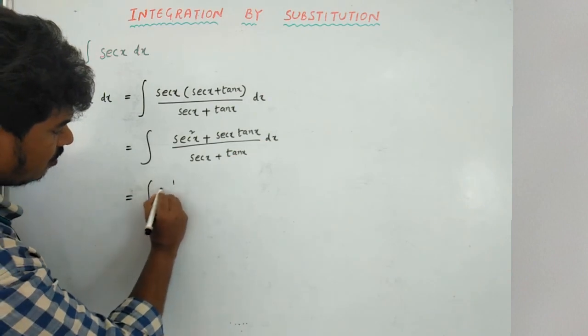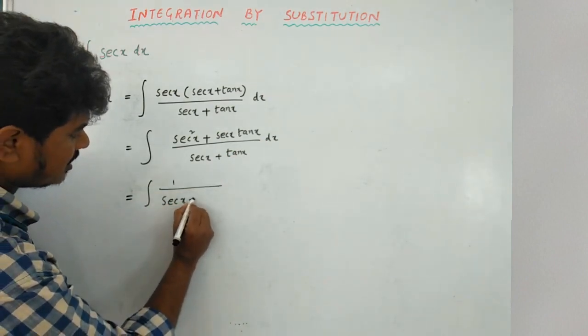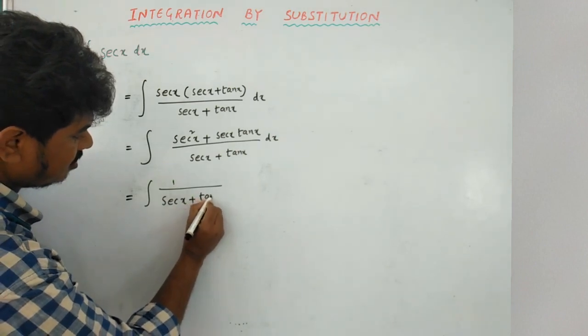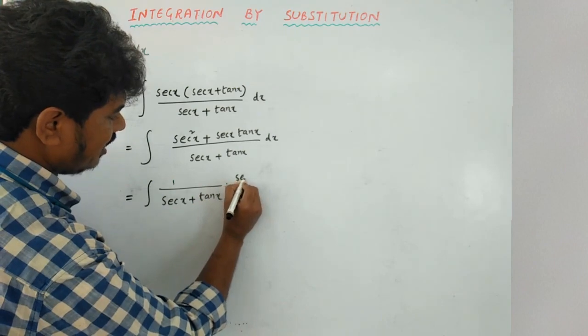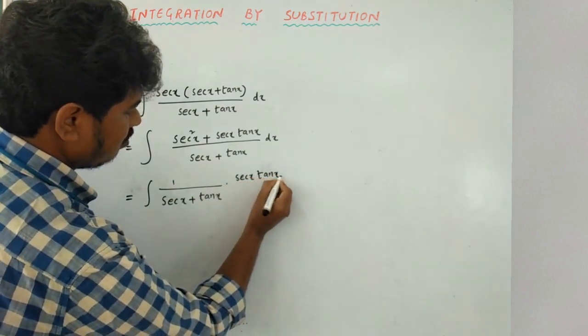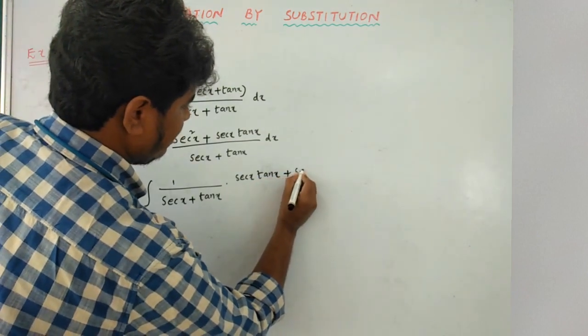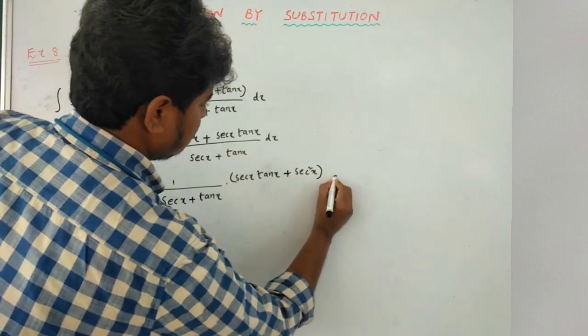That is the integral of 1 divided by secant x plus tan x, into secant x tan x plus secant square x dx.